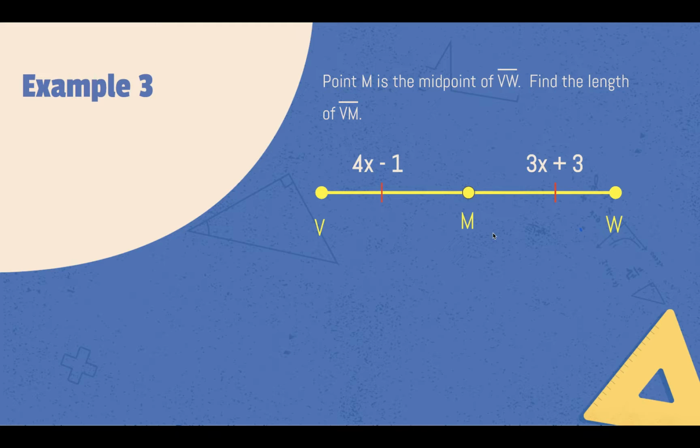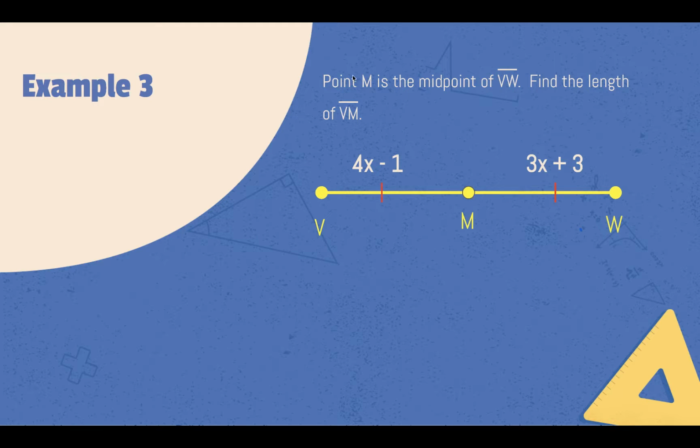What marks on the diagram already indicate that M must be the midpoint of segment VW? Yeah, these little red marks. These little red marks are congruence marks for segments. Because those red congruence marks are already in the diagram, that already communicates to us that these two pieces are congruent, which means that M must be the midpoint.